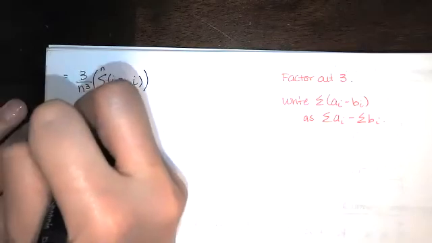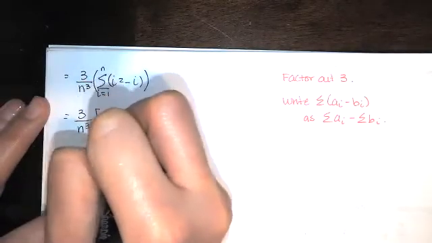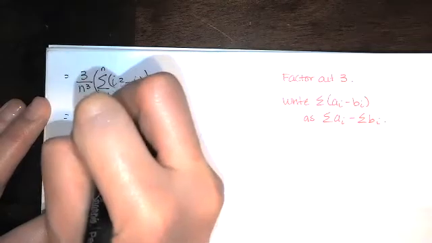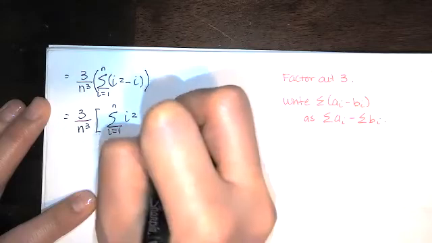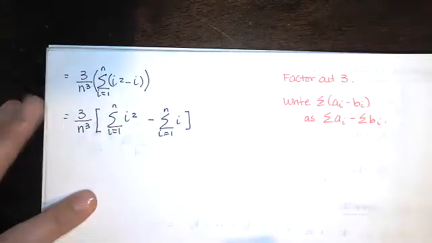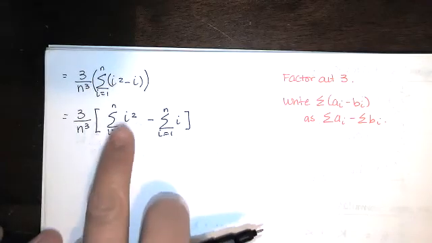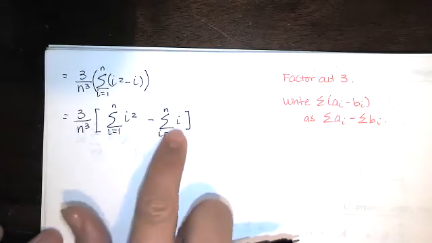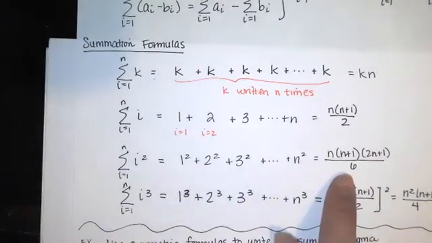So I still have that 3 over n cubed multiplying everything, but I'm going to think of this as the sum as i goes from 1 to n of i squared minus the sum as i goes from 1 to n of i. So I have simplified this as much as possible until I get something that I have a formula for. I've got a formula for the i's and I've got a formula for the i squareds.